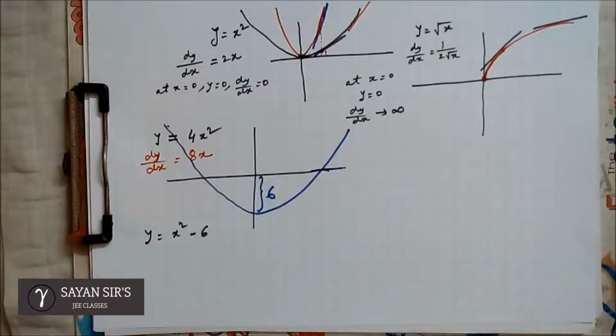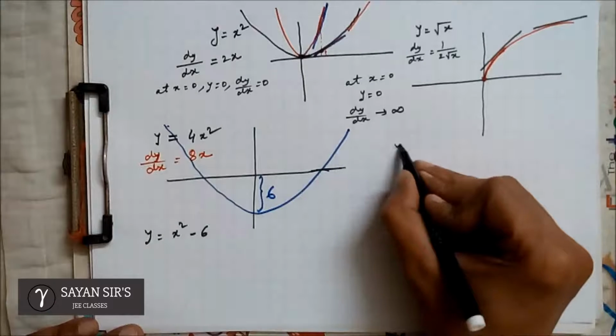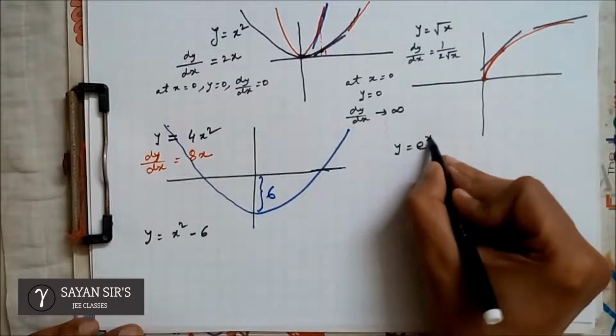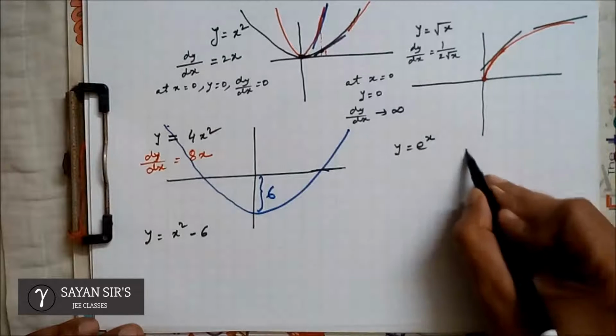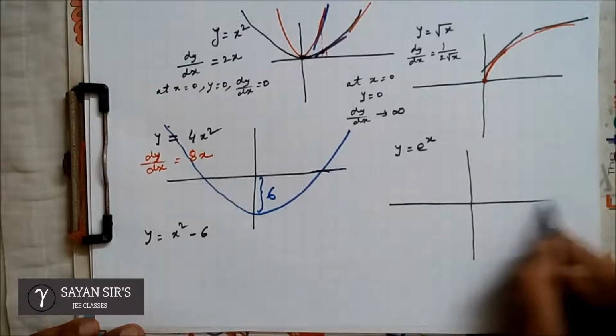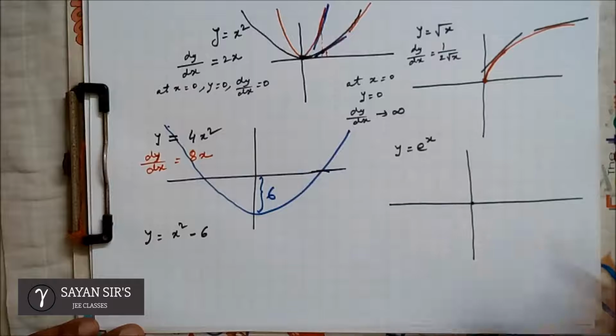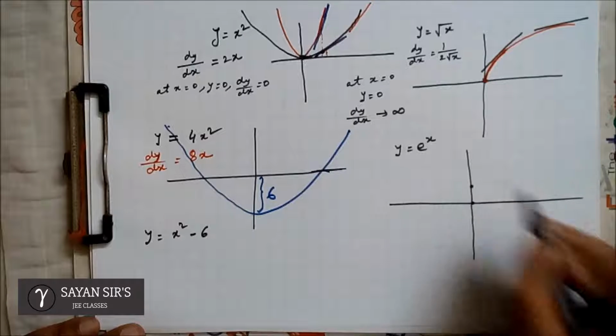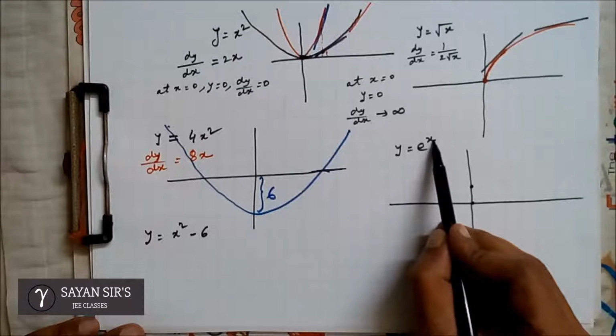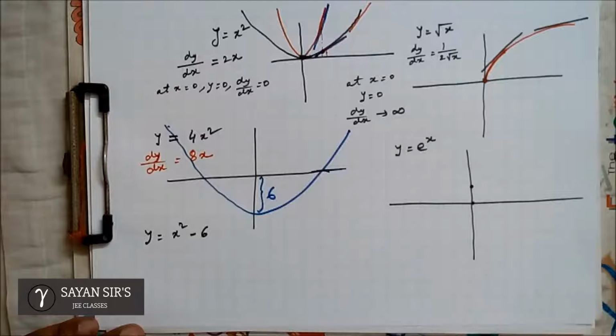Let us now figure out what the graph of y equals e to the power of x will be. So at x equals 0, my y will be equal to 1, because for x equals 0, y is e to the power 0 and anything to the power 0 is 1.